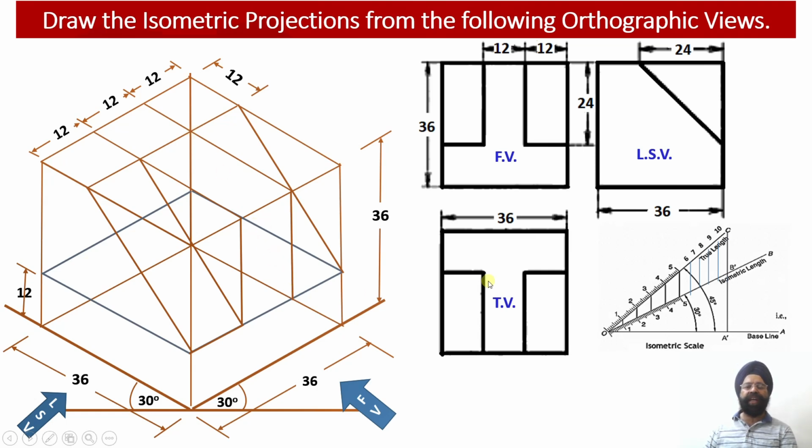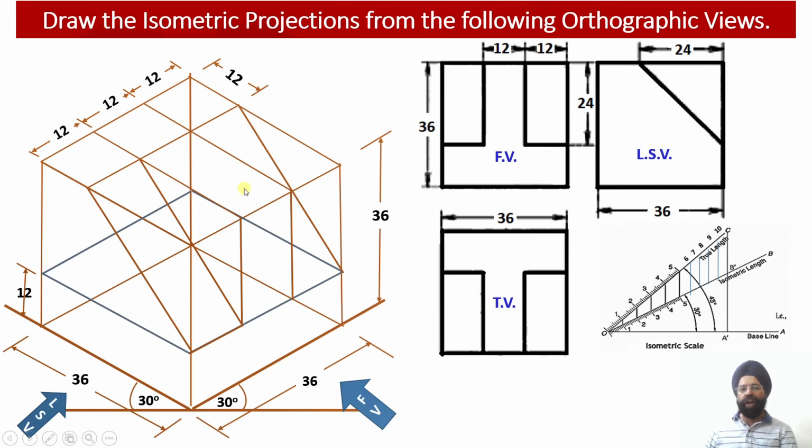Since we have already discussed that in isometric projections, we are not going to use dotted lines over there, towards the end of this construction we will be joining these 2 points with a lighter, thinner construction line, just to show that this is also a rectangular inclined edge which is lying on the right hand side. But a portion of this inclined rectangular web has been covered by this T-shaped web over here.